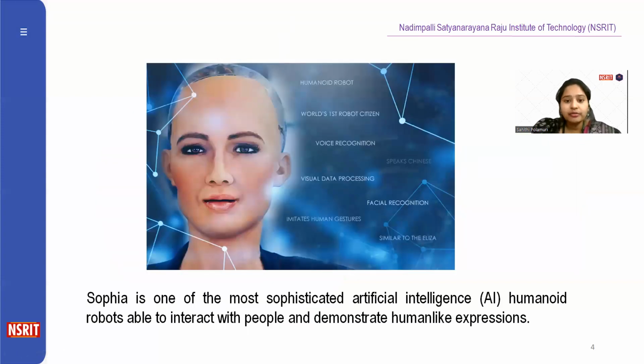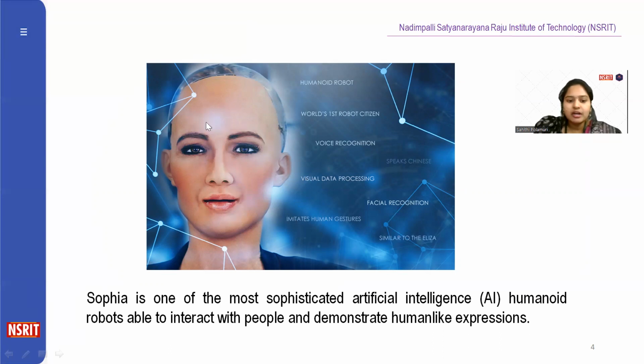Coming to the real world, just like Chitti, we have a real humanoid artificial intelligence robot called Sophia. She is one of the most sophisticated AI humanoids, and the world's first robot to have citizenship. She has facial recognition, imitates human gestures, and even has voice recognition.